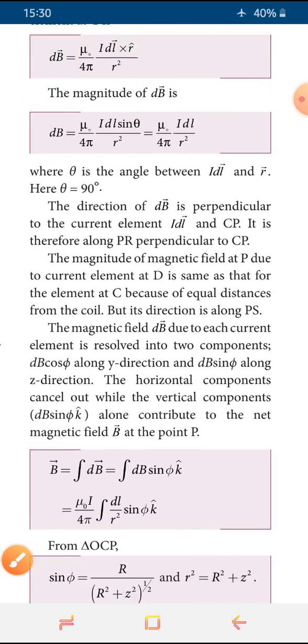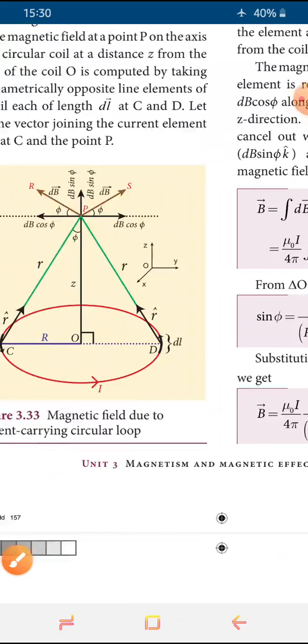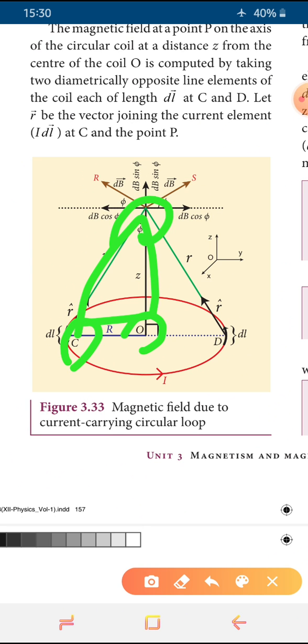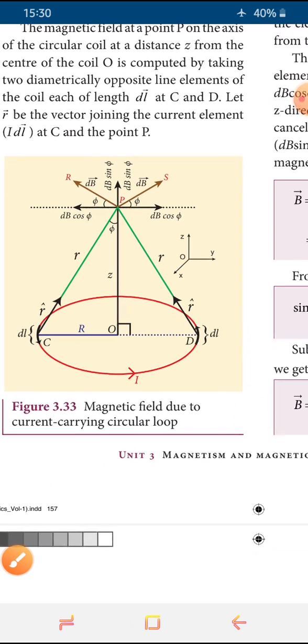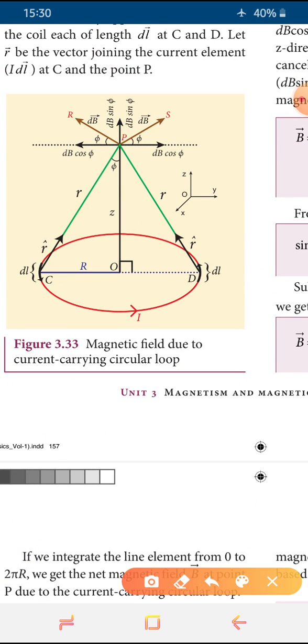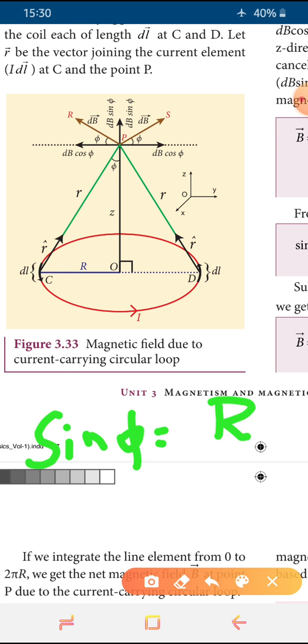Now we are going to choose the triangle OCP from the figure. So this is O, then C, then P. Using this triangle, we are going to find the formula for sin phi. Sin phi is equal to opposite by hypotenuse. For this triangle OCP, the opposite is capital R and the hypotenuse is small r. Are you clear?